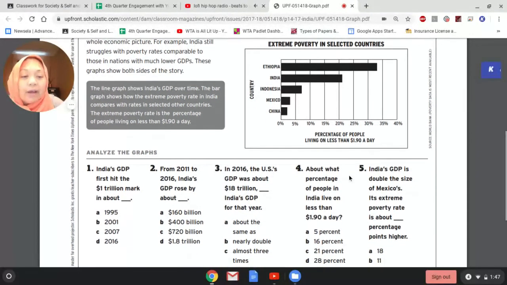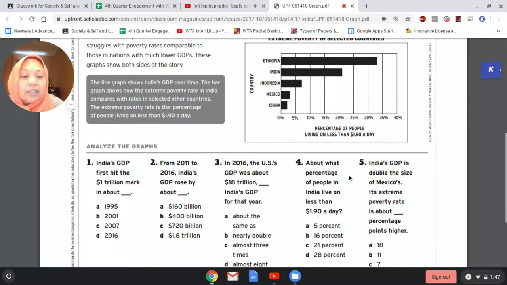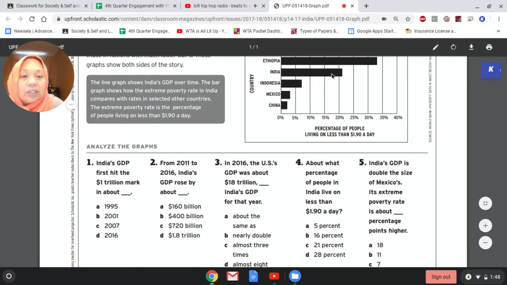And then for number 5, India's GDP is double the size of Mexico's. Its extreme poverty rate is about blank percentage points higher. So this is the poverty rate of India, and this is the poverty rate of Mexico.